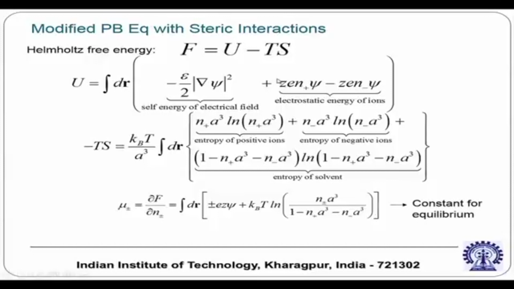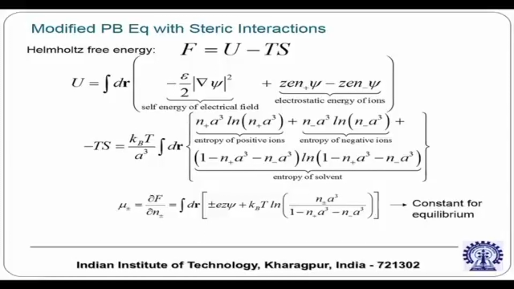Now what about the finite size? That will give rise to an entropic component. If you discuss the Helmholtz free energy, it is the internal energy minus TS, so the minus TS component is this. To write this component, one can correct this, and there can be several directions of research towards that.